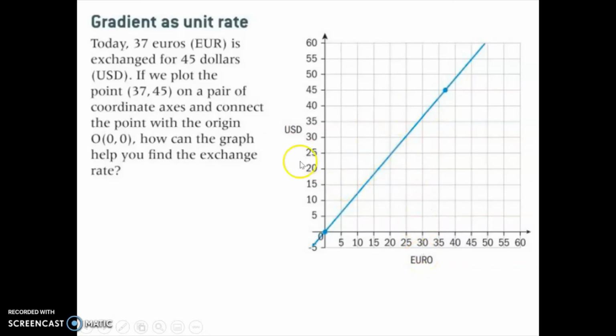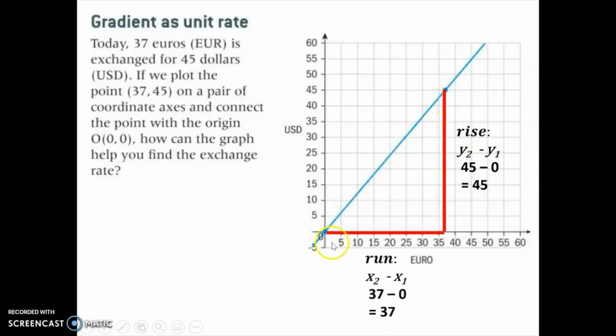Find the gradient here. I'm going to take the gradient using the full distance from 0 to the point we plotted, the (37, 45) point. Our rise is 45 USD. Our run is 37 euro.